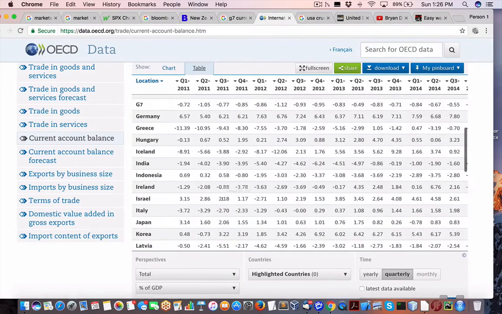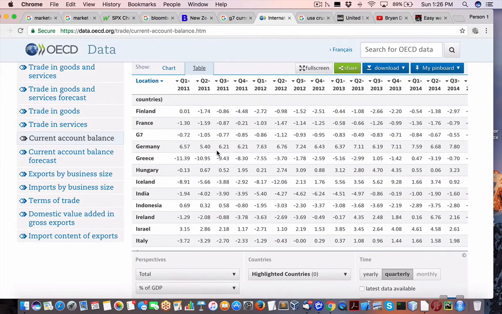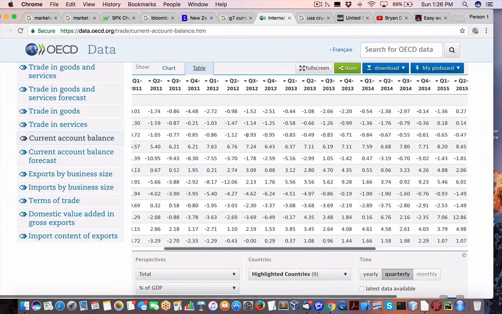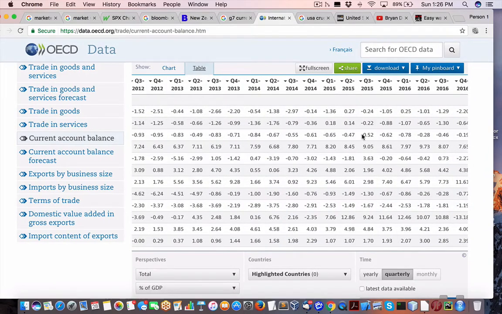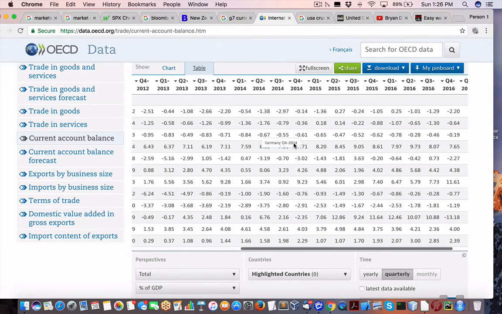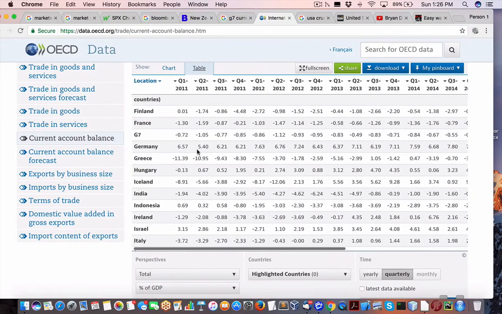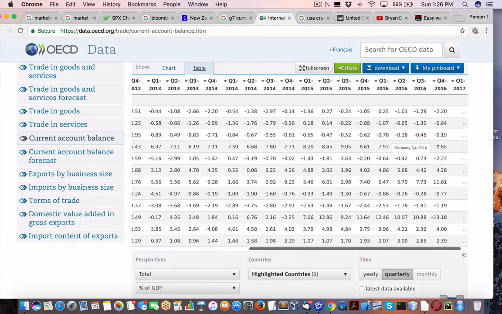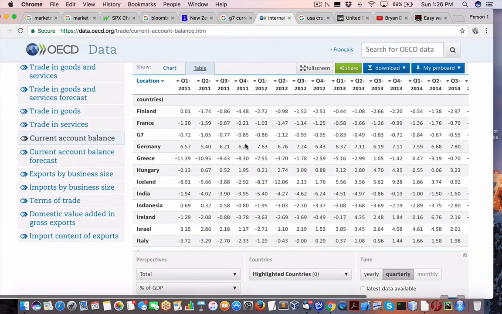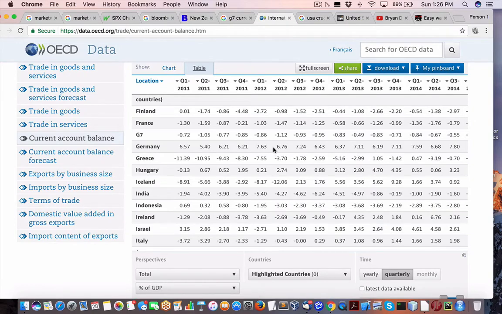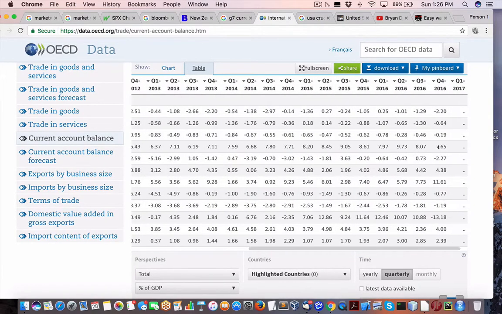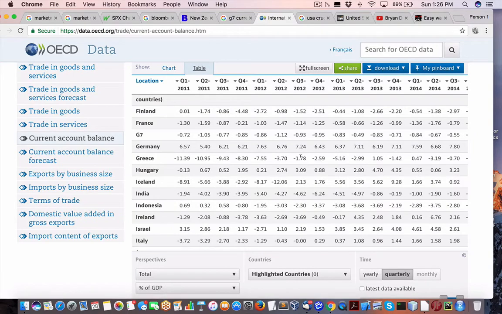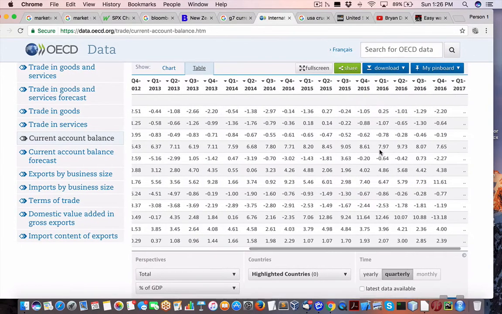But then when you look at the other end of it, specifically let's say Germany, here's the G7, this one right here, you can see it's just slightly negative. That's still not too good. But when you look at Germany here, you see how positive they are, 9.73, 7.65. Even though with their immigration, they seem to be absorbing it, their industry's doing well, they run positive current balances, that's a good sign of an economy.